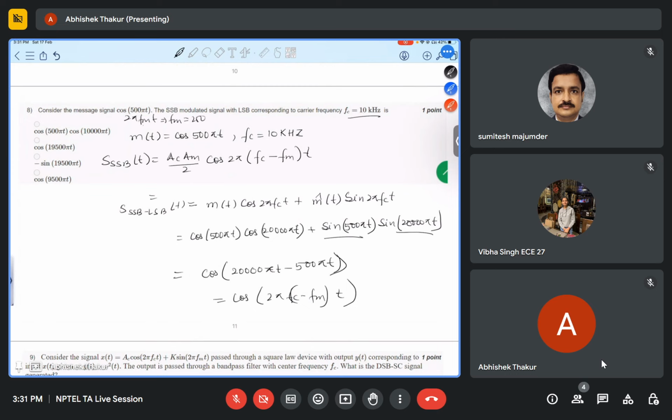Here you can directly substitute cos of 2 pi (10,000 minus 250) t. So this will become 9750 into 2, that will be 19,500. Cos of 19,500 pi t. So option B is the correct answer for this question.